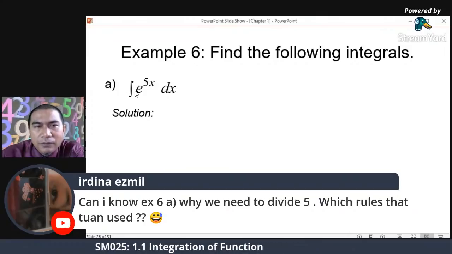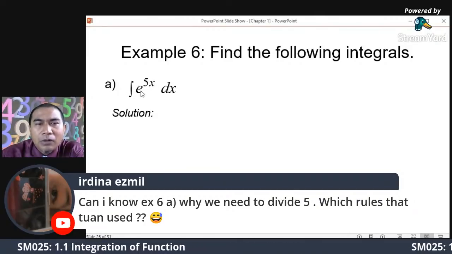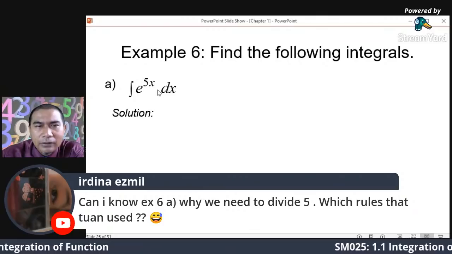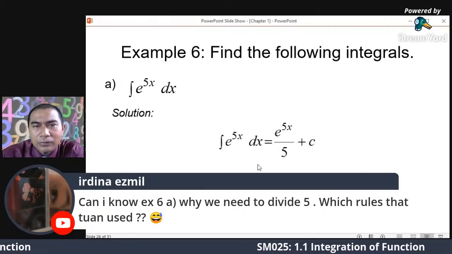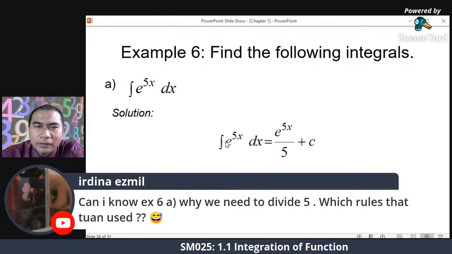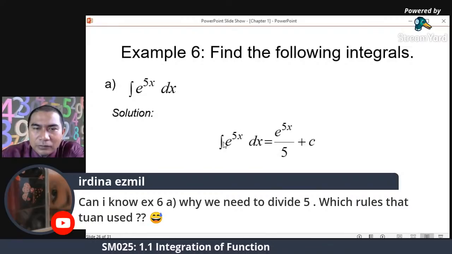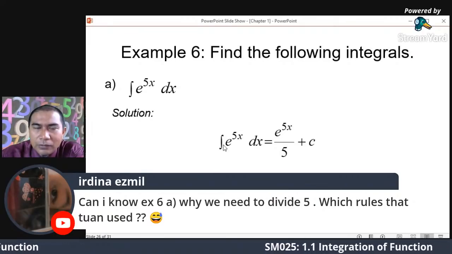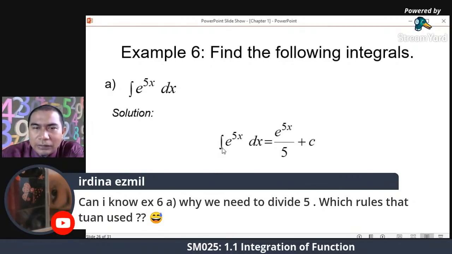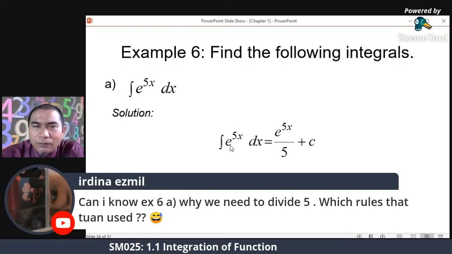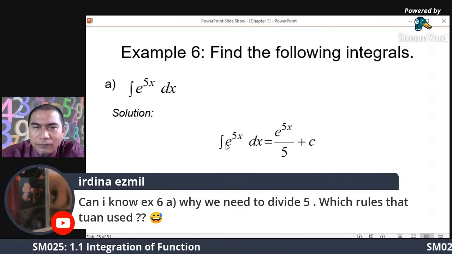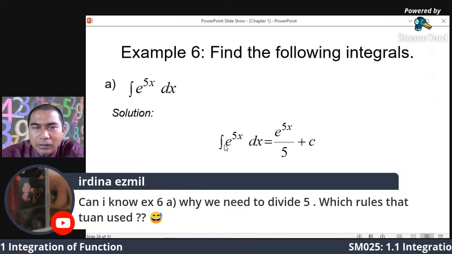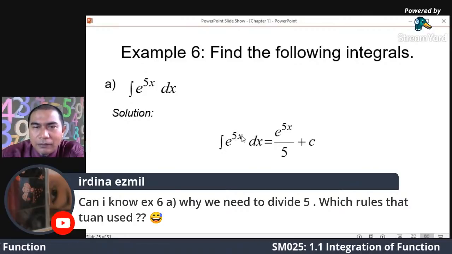1 over 5 times 5 is equal to e power of 5x. So the question should actually be shown in more detail. In the front we put 5 and then 1 over 5. So that means we integrate 5 e power of 5x, which is f prime e power of fx.